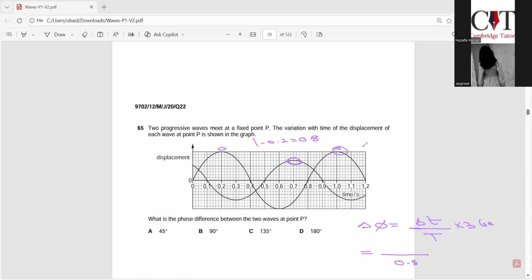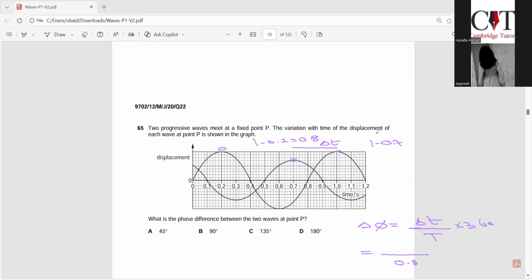It would be 1 minus 0.7. Yes or no? For delta t, I just take the consecutive crest or trough of two different waves. So this is the crest and this is the crest as well. So this would be my delta t.